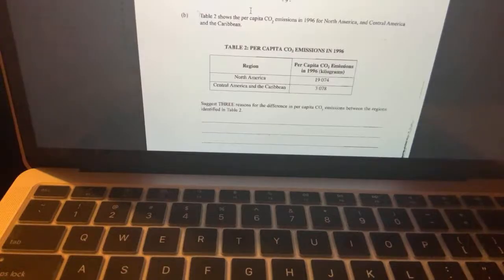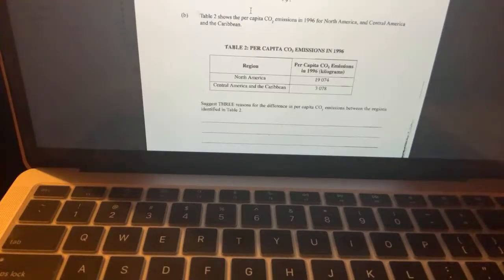All right, so table two shows the per capita carbon dioxide emissions in 1996 for North America, Central America, and the Caribbean. You're going to suggest three reasons for the difference in per capita carbon dioxide emission between the regions identified in table two. So North America has way more per capita carbon dioxide emissions than Central America and the Caribbean.